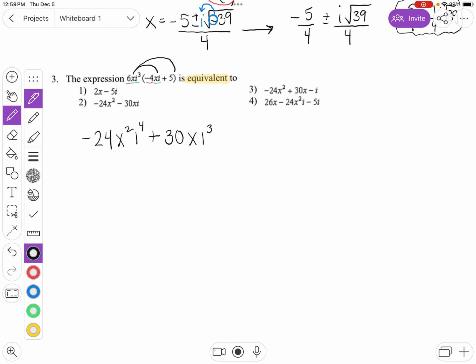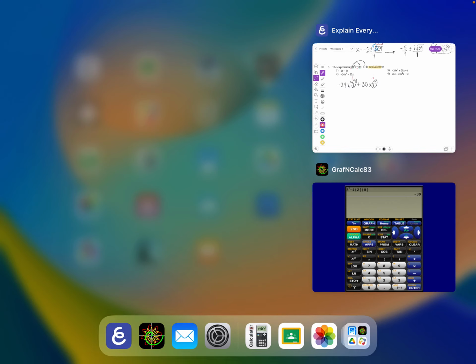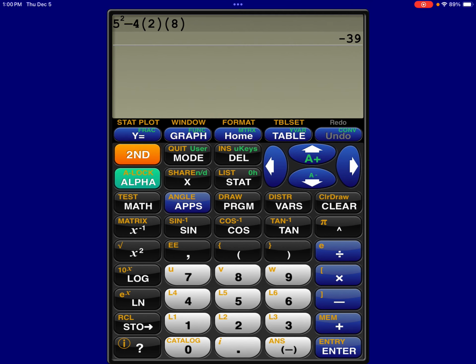Now the reason why I don't see any of this is because we don't like i's, so we like to change them. Okay, so i to the fourth is 1 and i to the third is negative i. Now how do I know that? Because I'm a math teacher, but if you were unsure, your calculator does i's. It's the decimal.